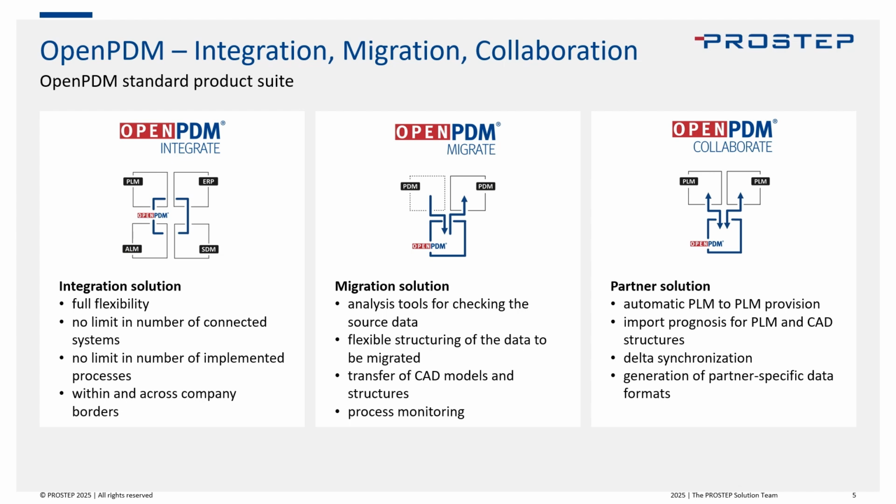OpenPDM Collaborate is an automated partner integration solution. That could be between your PLM and your partner's PLM directly, or between your PLM and a neutral PLM that's maybe used for a joint venture or like an aerospace program, something like that. And there's a couple of different processes core to collaboration.